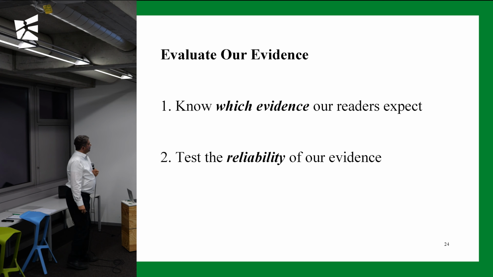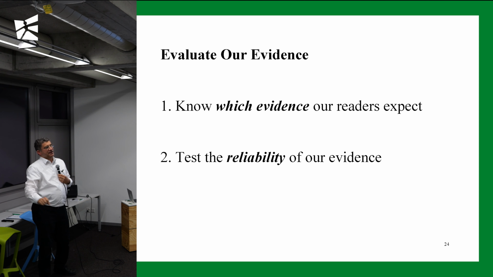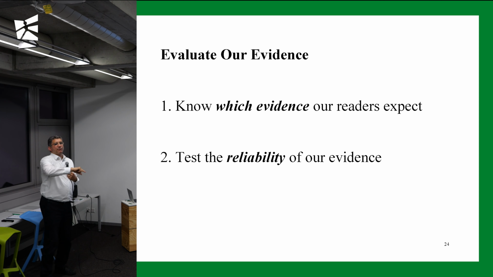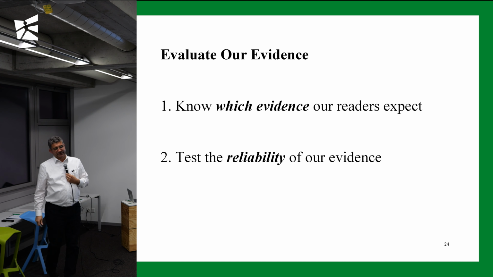So, and I'm nearly there, we must evaluate our evidence. In other words, which evidence do our readers expect, so that if they do object to our argument, we've already anticipated their objections. We need to test the reliability of our evidence, right?